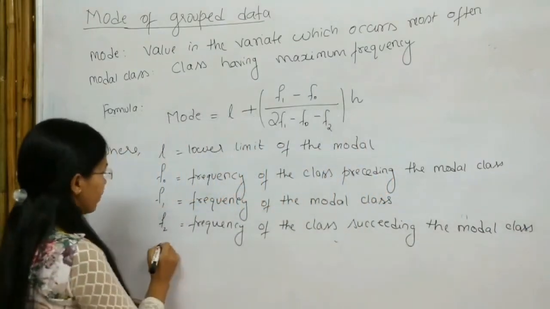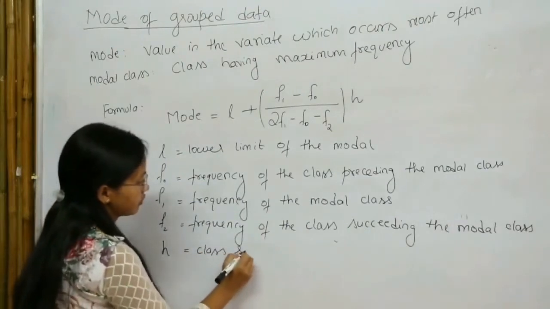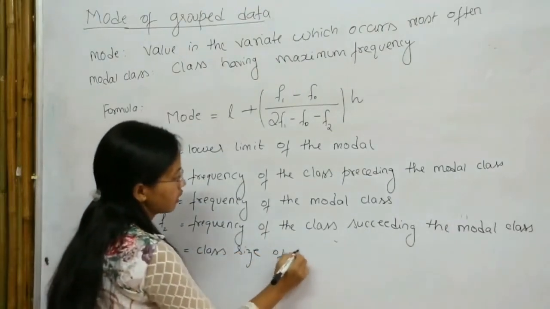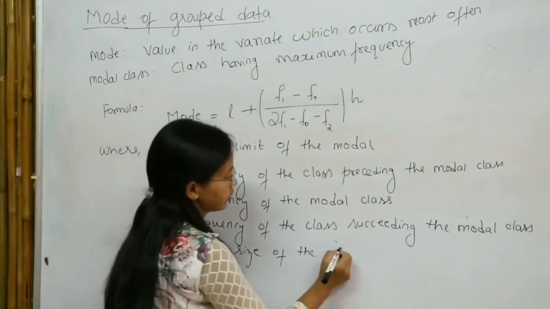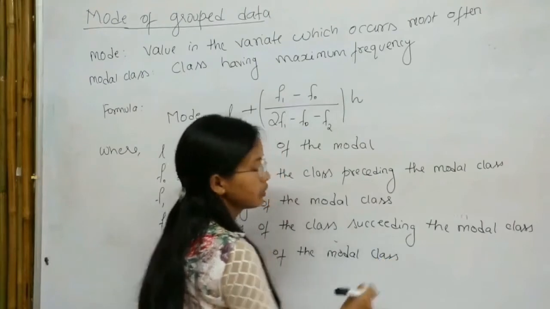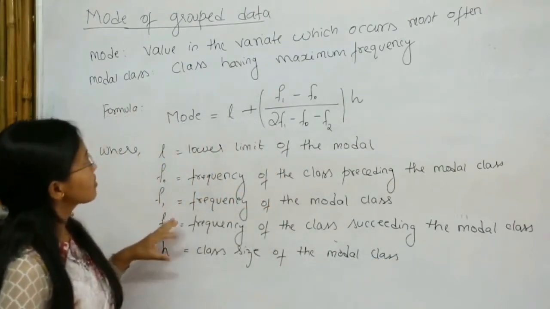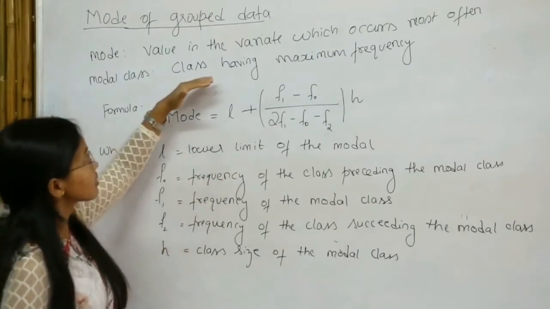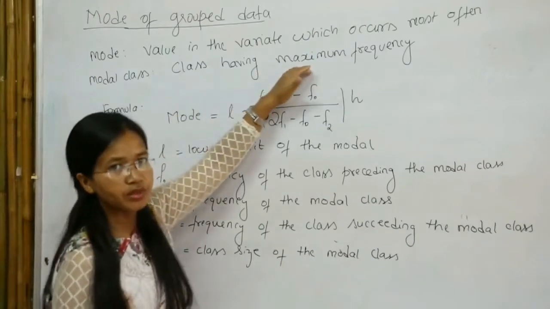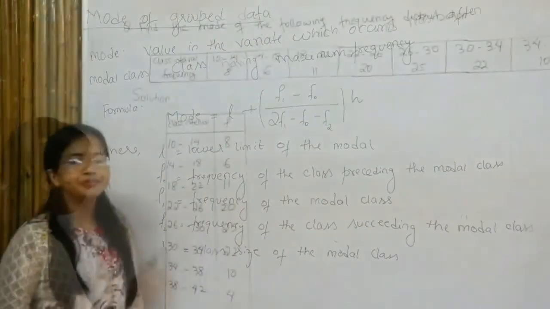Then we have H. H is the class size of the modal class. So how to get the modal class? The modal class is a class which has the maximum frequency. So we will solve problems by using this formula.